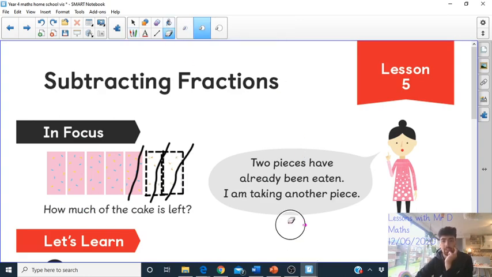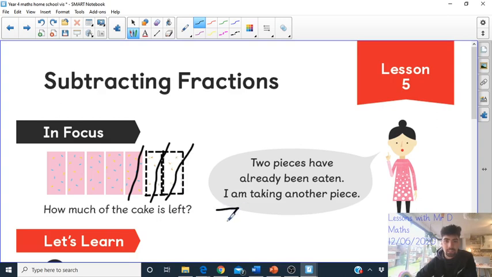I'll show you now. So we said they're in sevenths. So if we have the whole, how do I show a whole as sevenths? Well, it's 7 sevenths. That's my whole. I take away 2 sevenths, and then I take away another 1. 7 take away 2 is 5.